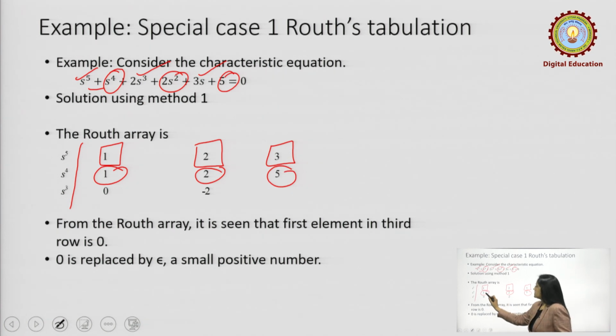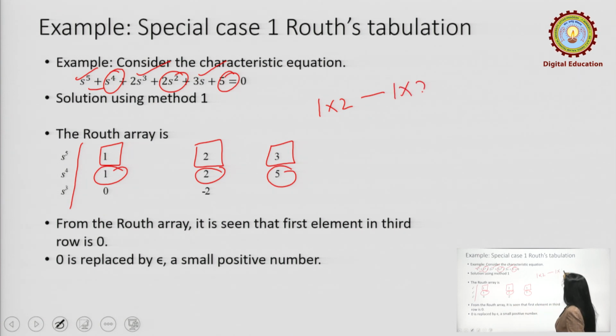So, the next is 1 into 2 minus 1 into 2 divided by 1. So, this results in a 0 term.